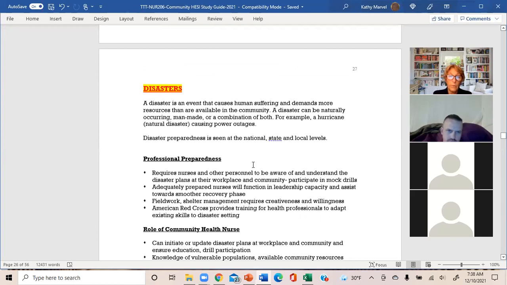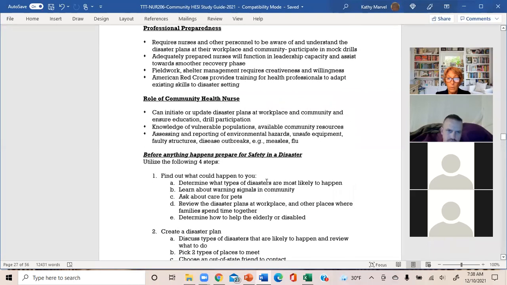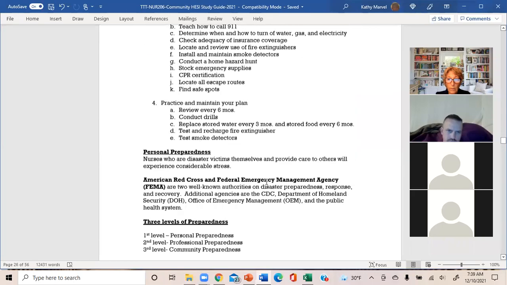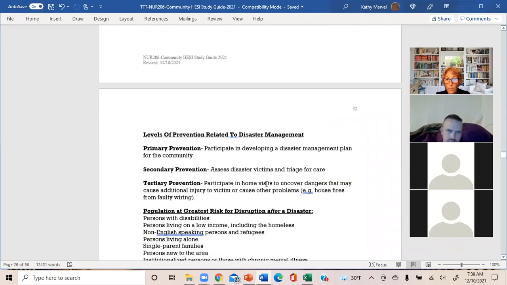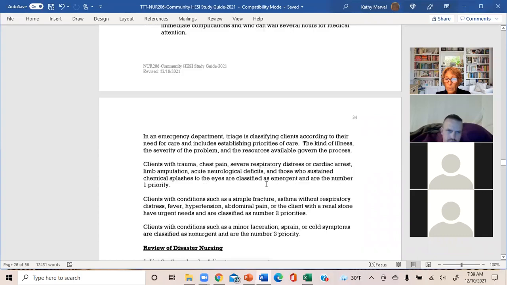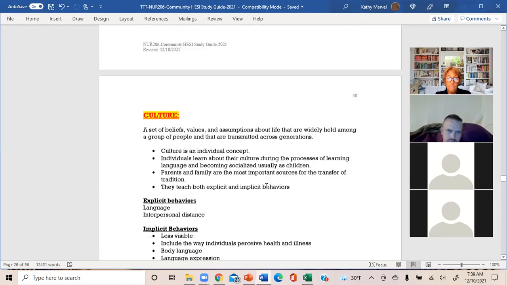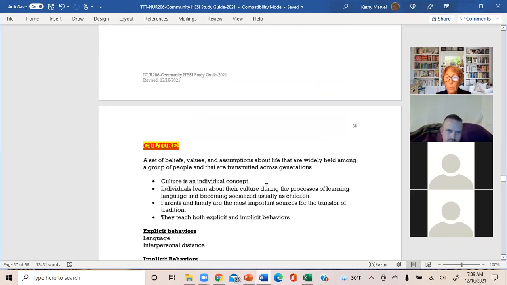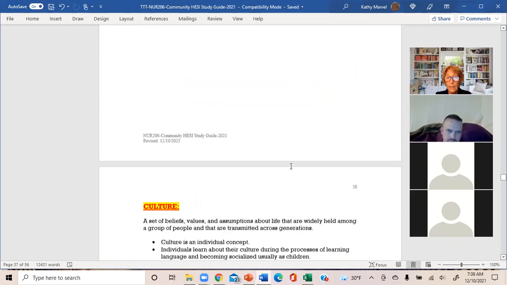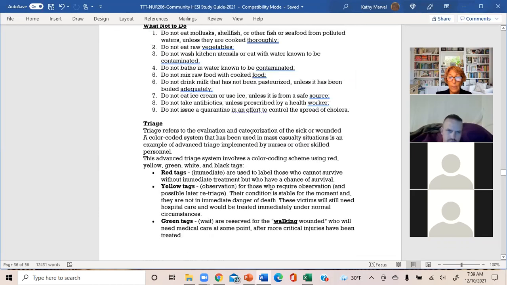We found lots of information, lots of questions on disasters, or at least the topic of disaster. We go from page 27 through 37, so 10 full pages of this study guide is disaster preparedness.